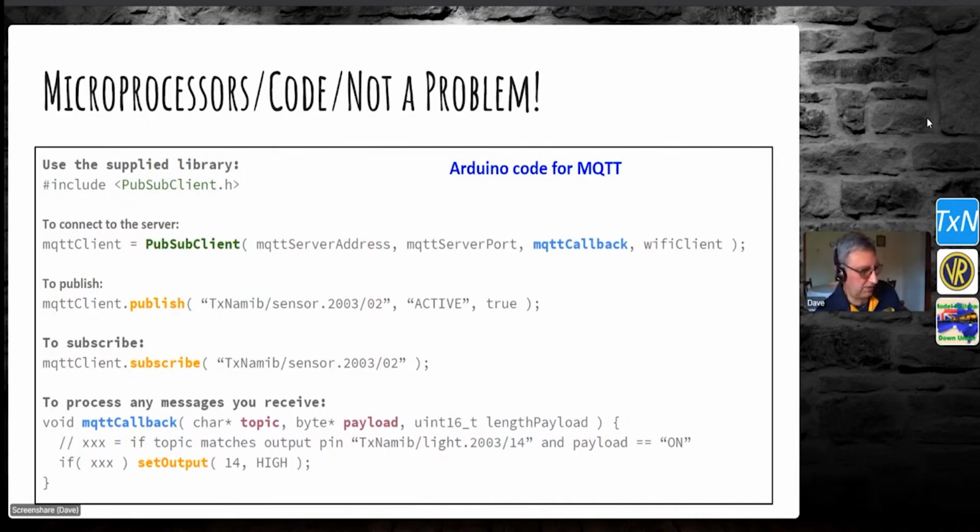So XXX doesn't mean anything there. That's a block of code that you have to write yourself to decide what you want to do with the message. So just to highlight, these are the MQTT specific statements.